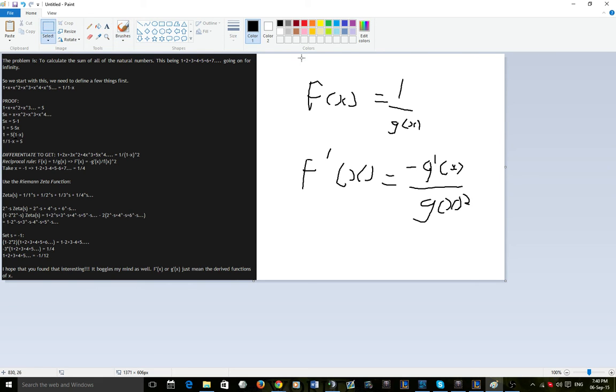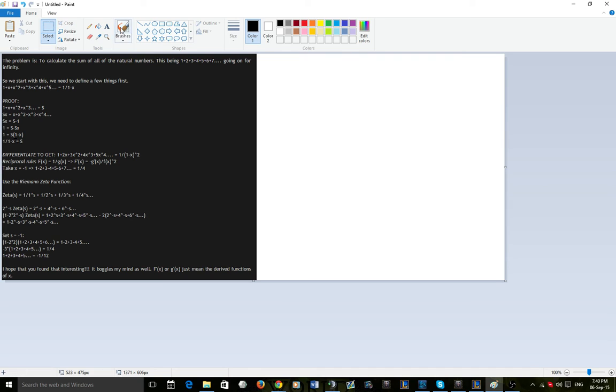Now, how does this work out? We have f of x equals 1 over 1 minus x. So g of x equals 1 minus x. Okay, so the derivative of that, we do each term.